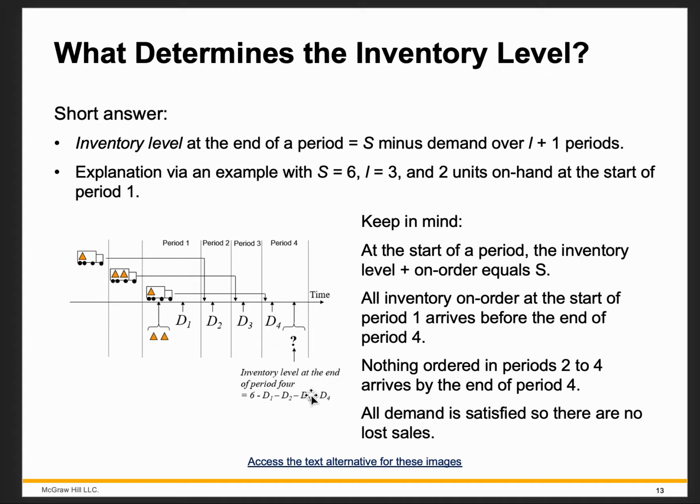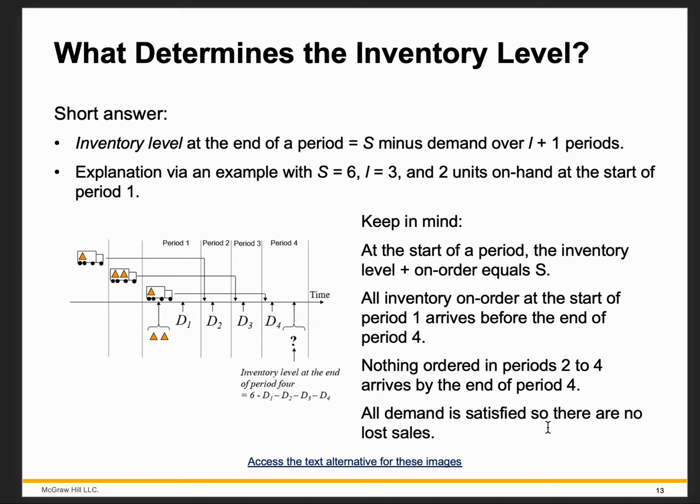So if you look at all the previous demands and you know what order is arriving today, then you can calculate the inventory level at the end of a particular period. So it's always going to be the order-up-to level minus the demand in the previous L plus 1 periods. Nothing ordered in periods 2 to 4 will arrive by the end of period 4, so none of that is going to arrive.